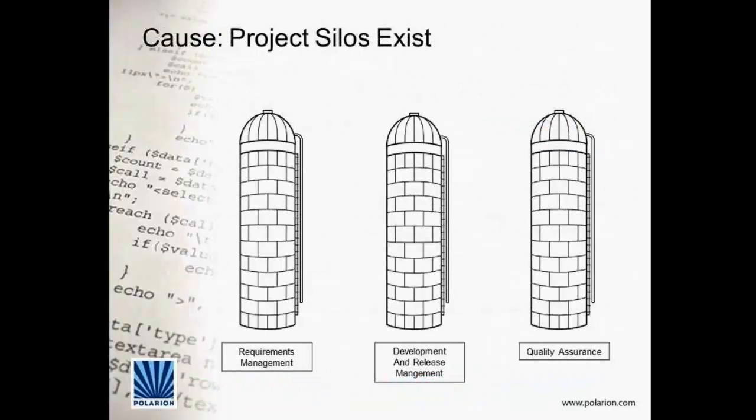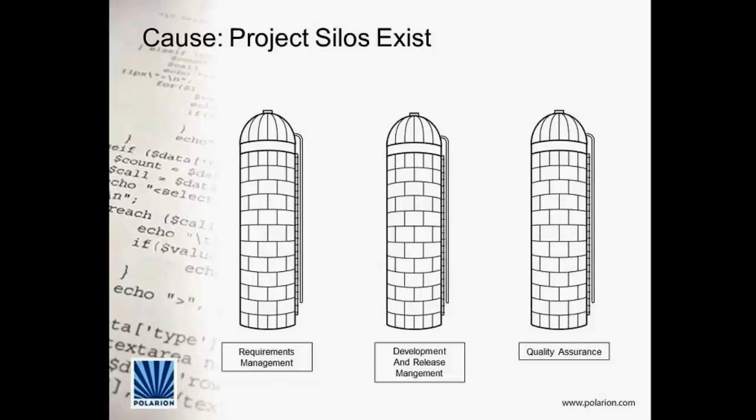One of the major causes of these sorts of errors occurring is the idea of separating projects into various silos. This can be silos between requirements management and quality assurance, where the requirements managers manage all the requirements, all the QA engineers manage their test cases, and there's very little crosstalk and very little communication between the two. It can be between various parts within quality assurance.